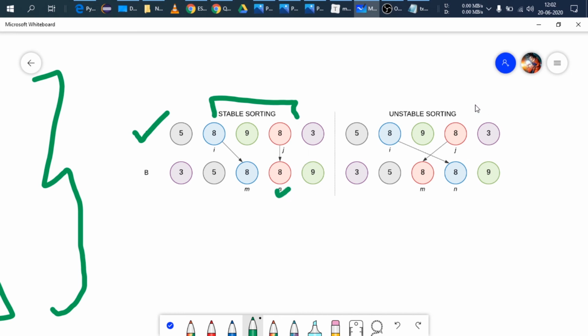So what is unstable sorting? Suppose we take the same question, same array, but in this case after 5 we sort the element which comes last.